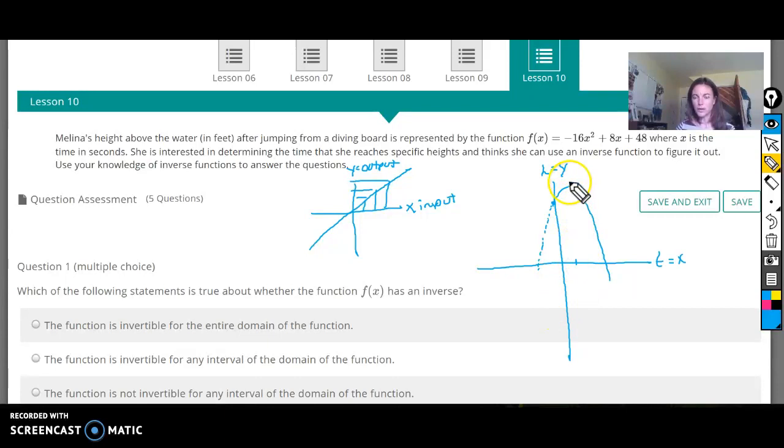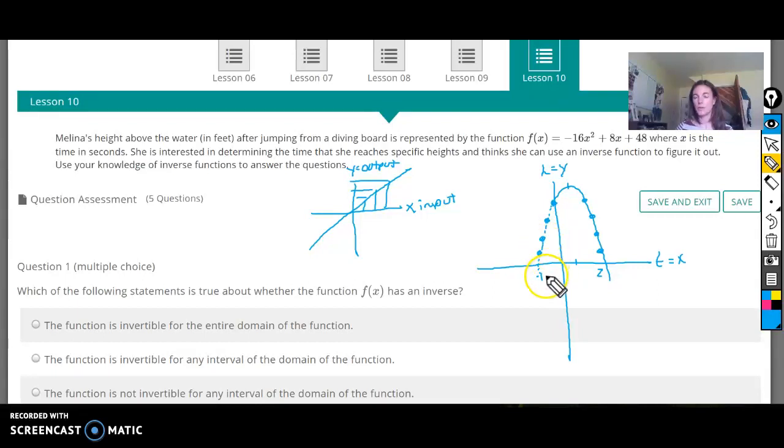So what I want you to recognize here is that I am going to have the same outputs for various inputs, okay? So, let's say that at 2 seconds, I'm at a height of 10 feet. I might also be at a height of 10 feet at negative 1 second, okay?